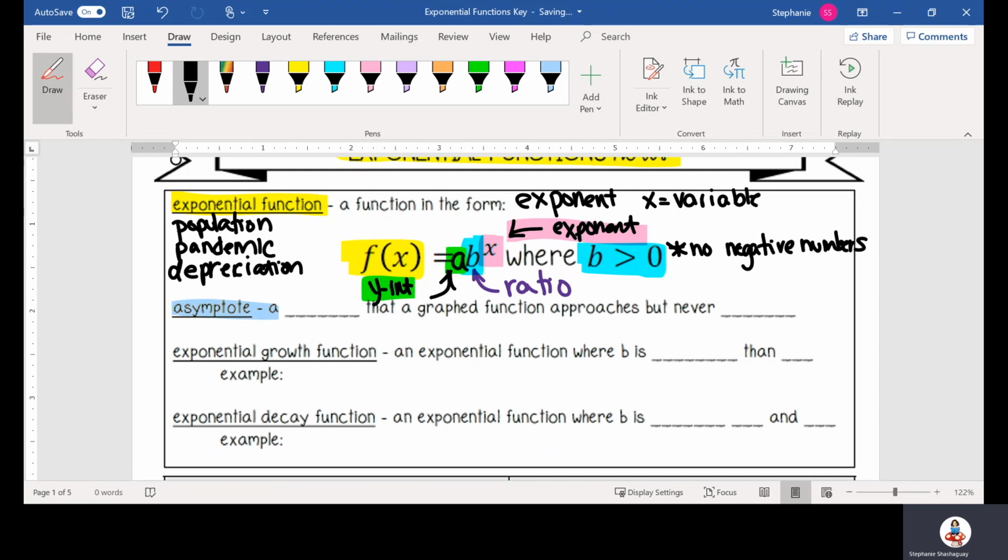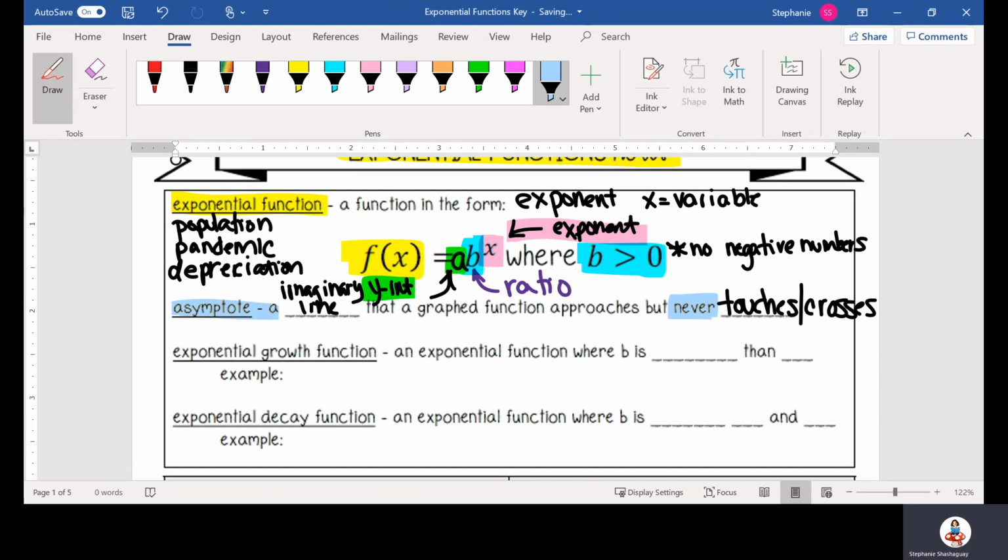Our asymptote is just a line, an imaginary line, that a graphed function approaches but never touches or never crosses. See that word never? It will never, ever touch or cross that asymptote.